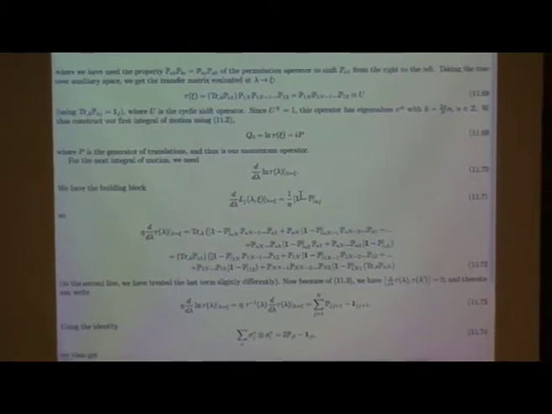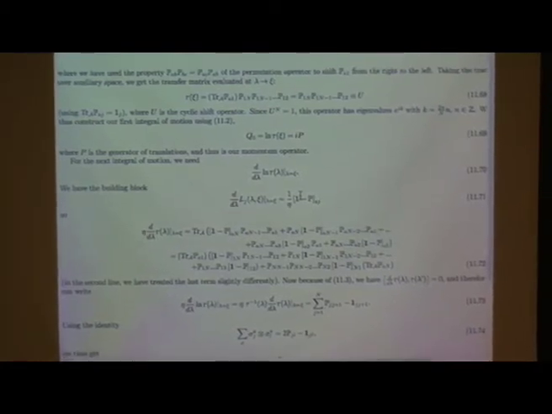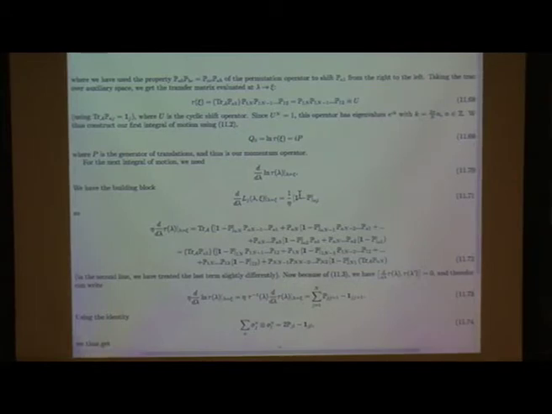A trace identity is essentially how you relate a conserved charge to various derivatives, including higher derivatives of course, of the transfer matrix. Now the magic thing in this construction is that you can do this explicitly, and then you just get that this charge is a summation over permutation operators between the spaces on adjacent sites.